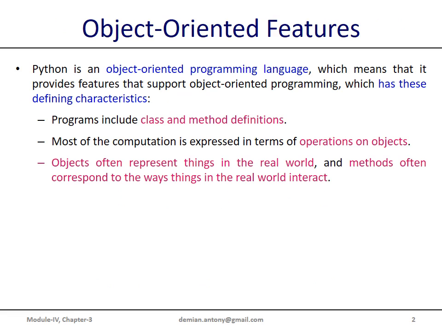As we know, Python is an object-oriented programming language. It supports three pillars: encapsulation and abstraction, inheritance, and polymorphism. As part of the encapsulation, Python defines the class, which has two different members.